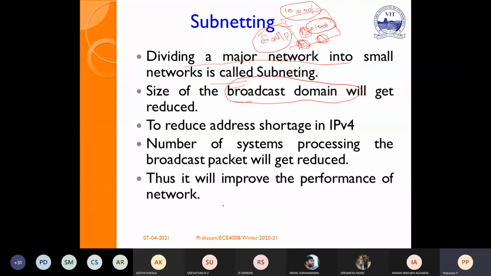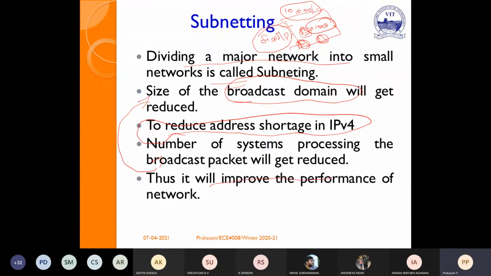Another major reason for subnetting is to reduce the address shortage in IP. Also, the number of systems processing broadcast packets is reduced, because the broadcast domain is smaller.